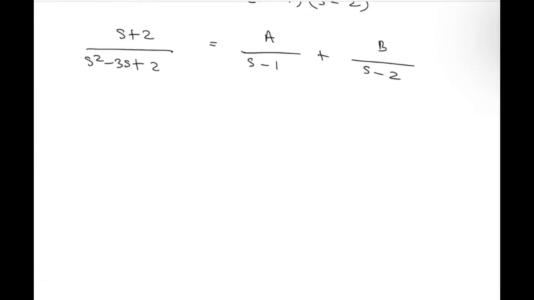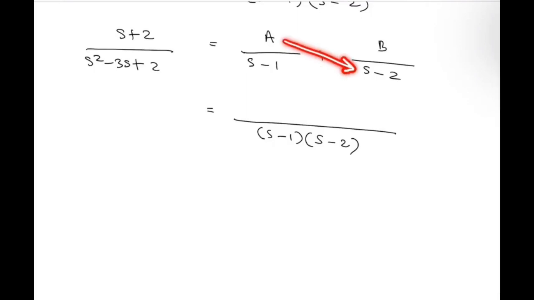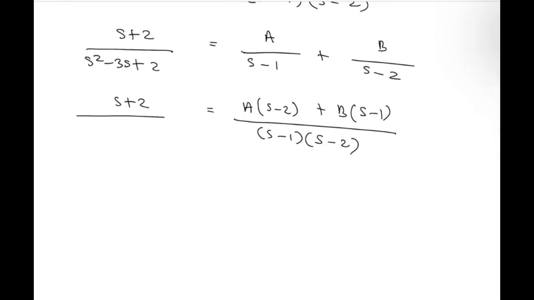So we want to solve for A and B. Now let's expand the bracket here. So here will be s minus 1, s minus 2. So cross multiply. So we have A times s minus 2 plus B times s minus 1. So this is equal to s plus 2 over s square minus 3s plus 2.